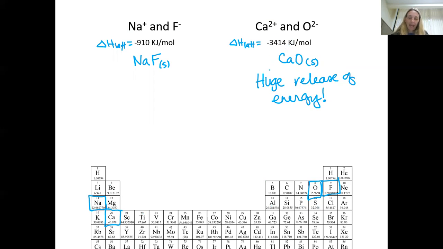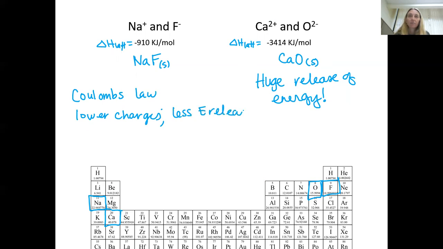Okay. And so Coulomb's law states that the lower the charges, the less energy that gets released. Okay, and the reason why is because when you have lower charges, there's less attraction.